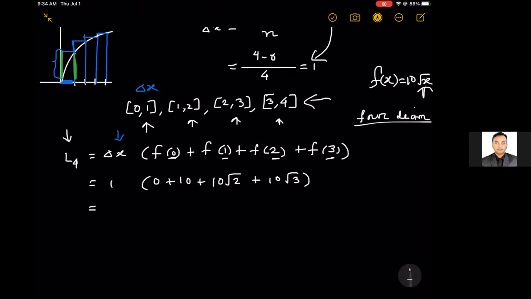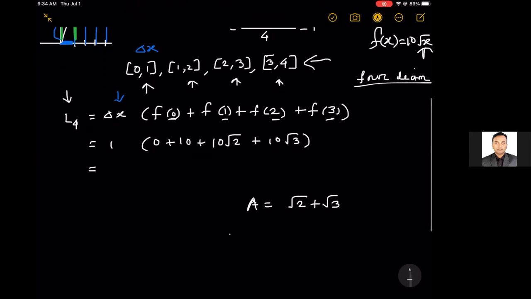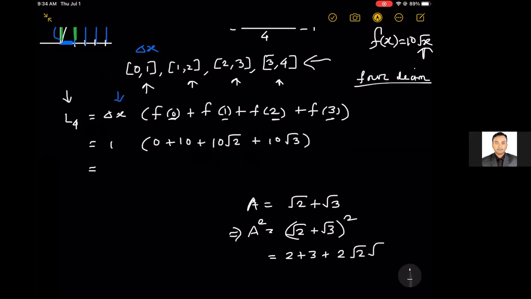So let's say we have a equals square root of 2 plus square root of 3, right? If I square it, it actually gives us 2 plus 3 plus 2 times square root of 2 times square root of 3.